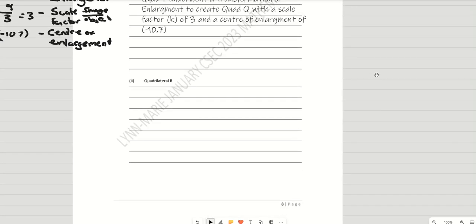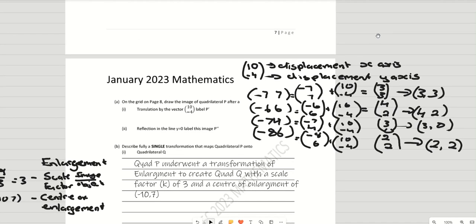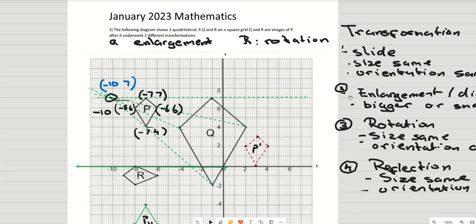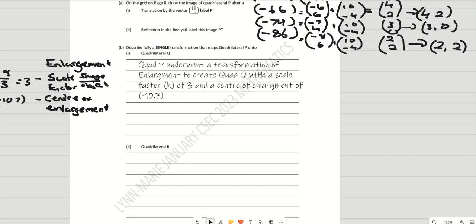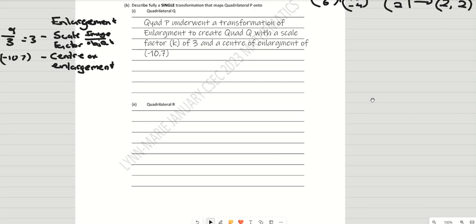Now, quadrilateral R. We said that quadrilateral R underwent a transformation of rotation. Now, when it is a rotation, there are a few things that you need to remember.